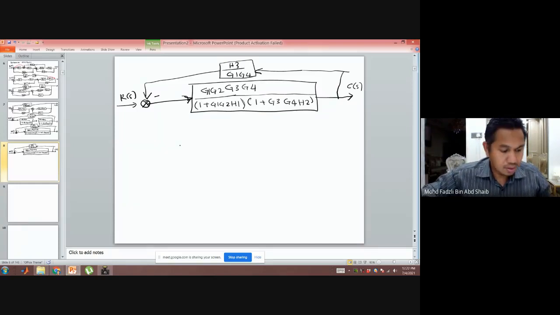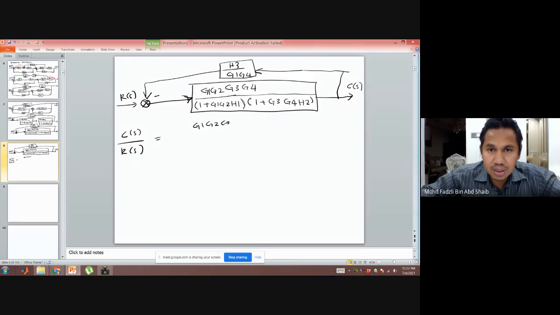So CS over RS equals what? It's very long here.